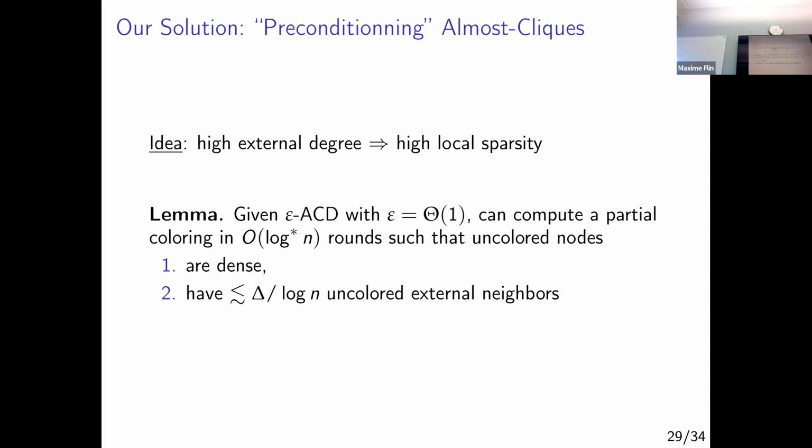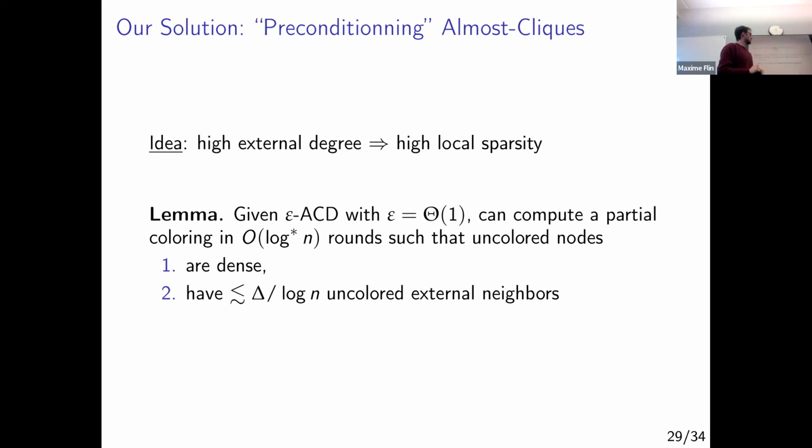You cannot have a lot of connections there, because you must have most of the edges inside the clique first. So you must have only a few connections there, and this gives you what we call sparsity. And sparse nodes are easy to color, kind of.